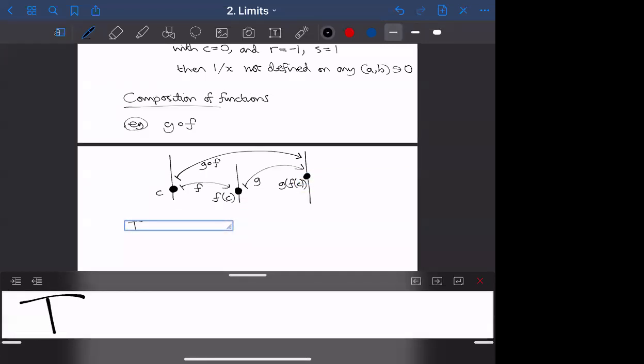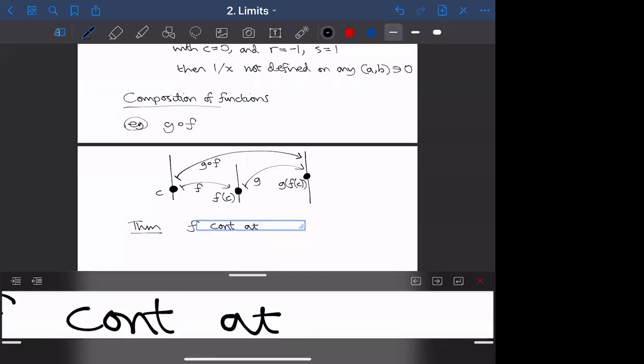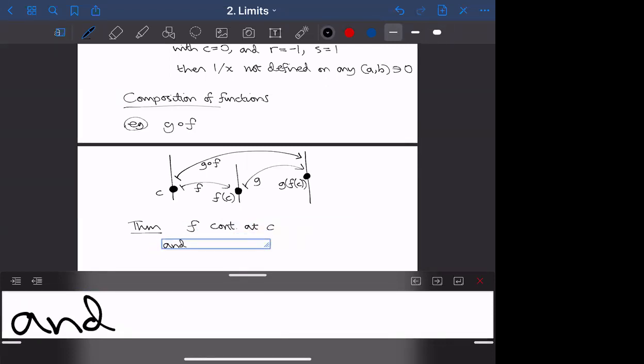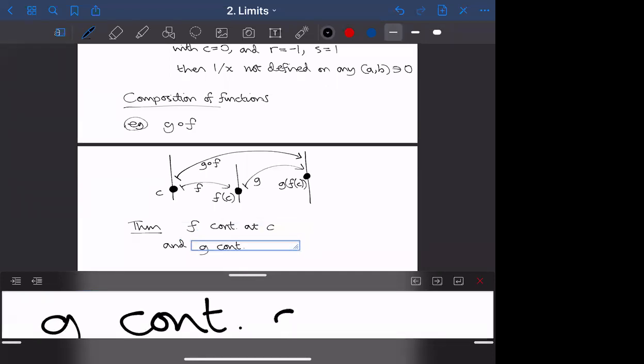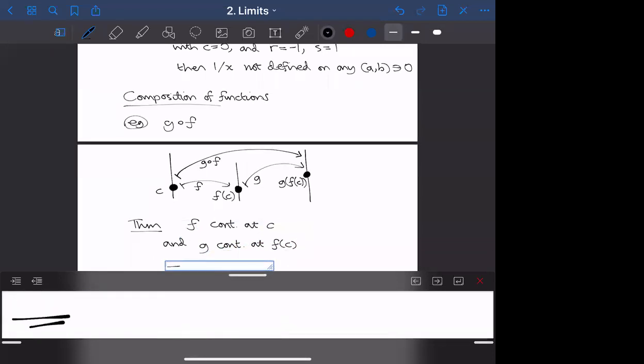So theorem. f continuous, I'm just writing cont for continuous. And g continuous, and the image of c, implies the composition is continuous.